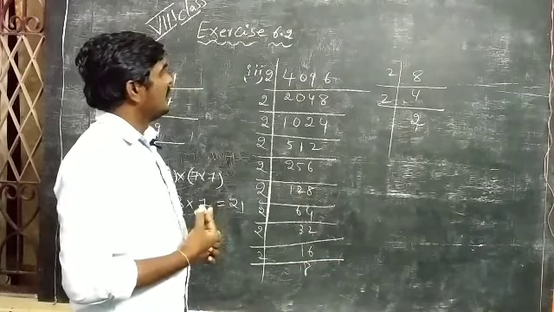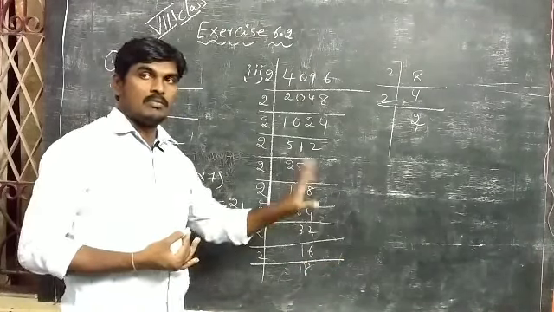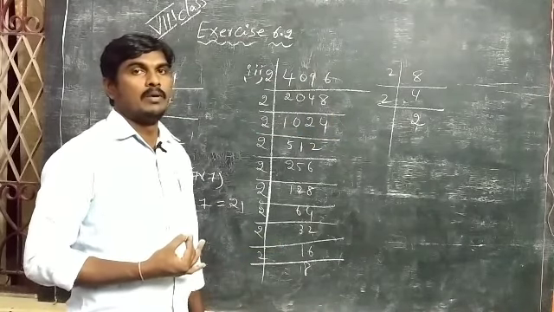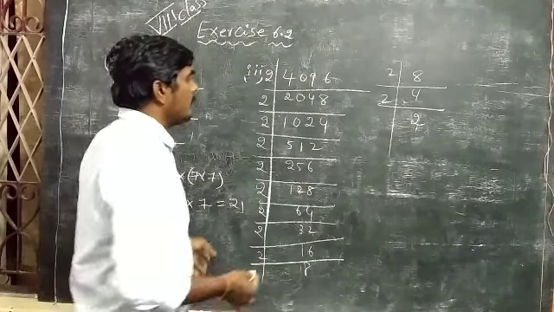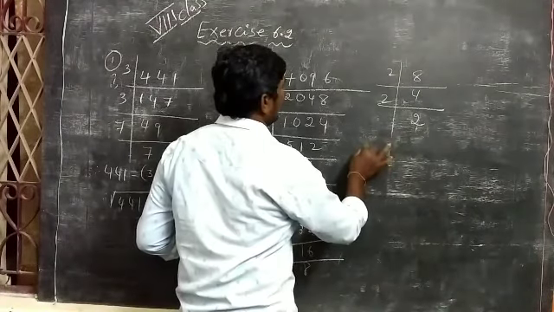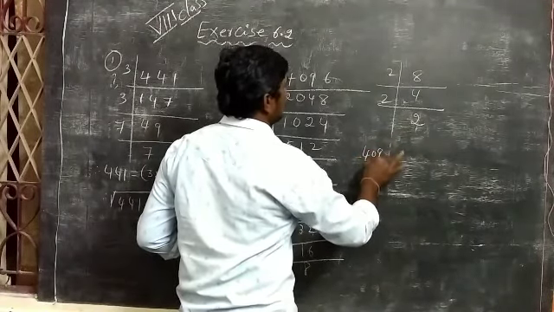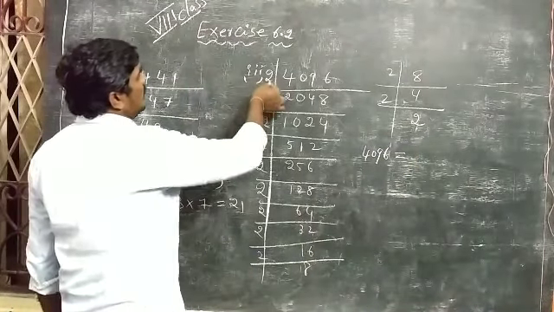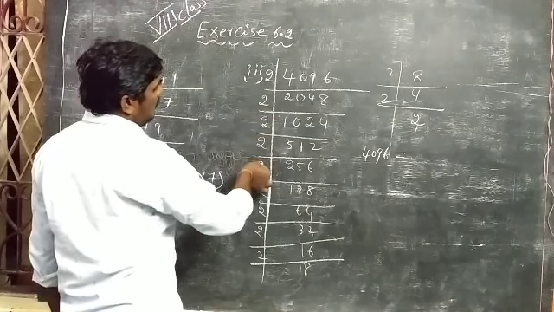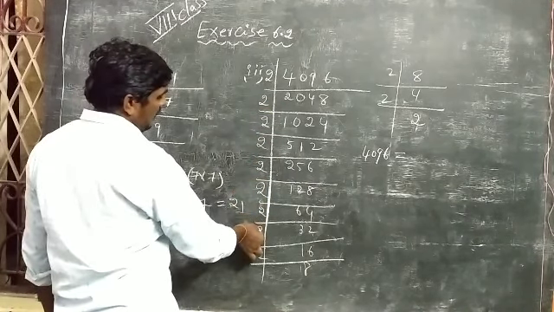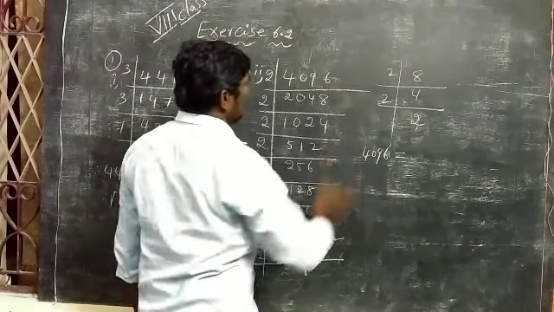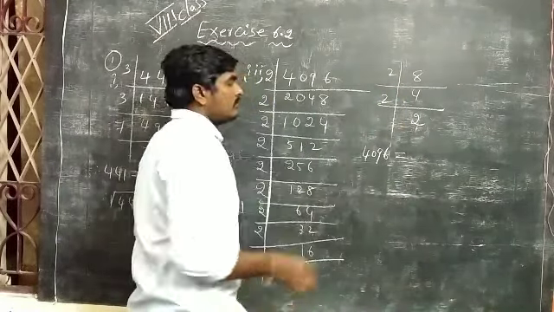So you see, so big a one came. Here all the numbers are 2 only. From starting to ending we completed the total answer by using 2 only. Now therefore 4096 is equal to, how many 2s are there? Count: 1 2 3 4 5 6 7 8 9 10 11 and 12.